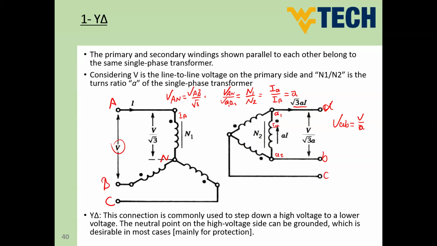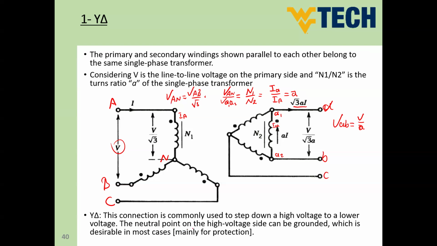But the question, where can we find the Y delta transformer? So here it's written, guys, in the textbook. This connection is commonly used to step down a high volt to a lower volt.